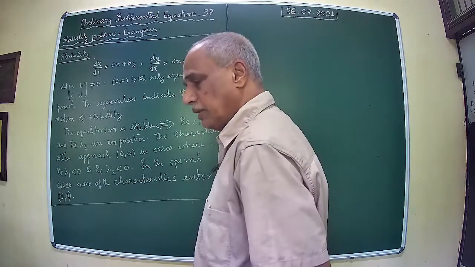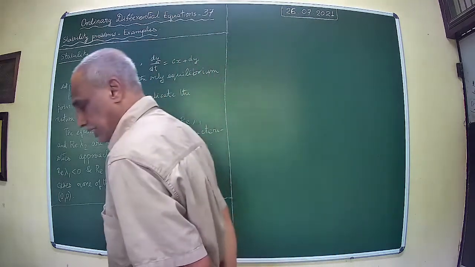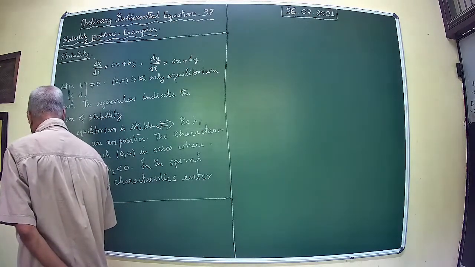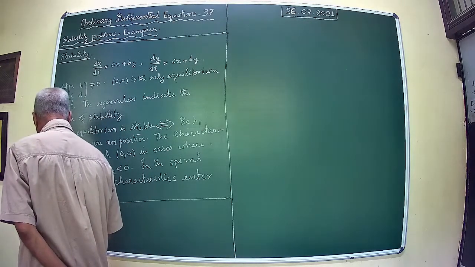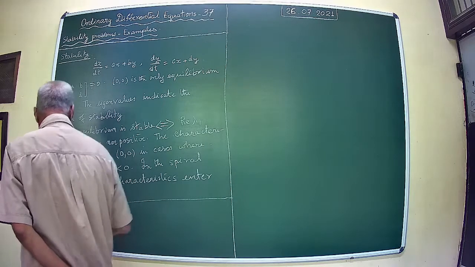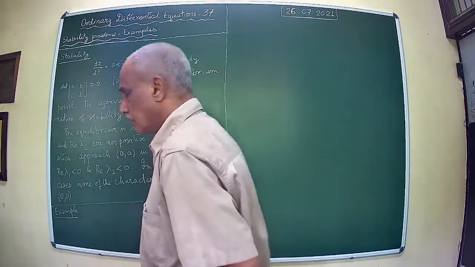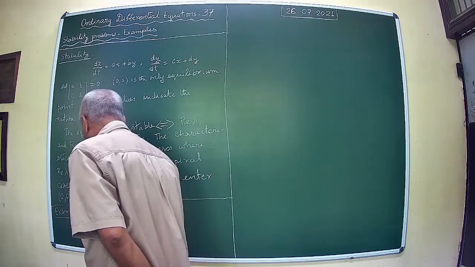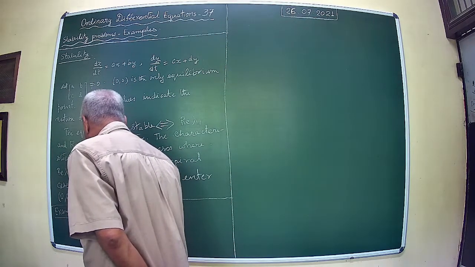Now we look at an example which we have analyzed earlier. It's a linear second order equation which describes one-dimensional motion of a particle.